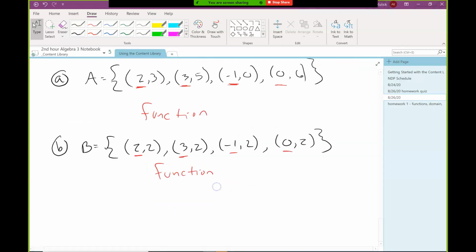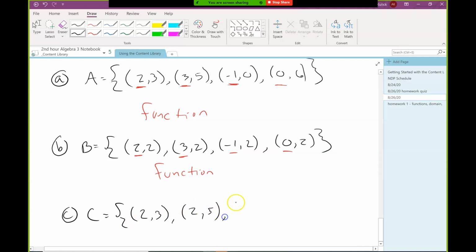So what wouldn't be a function? What if we took the same thing, but this time all the x values were 2 instead of all the y values being 2? So here, it's a relation, right?